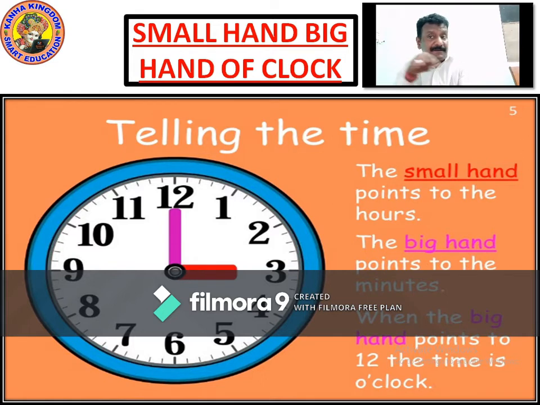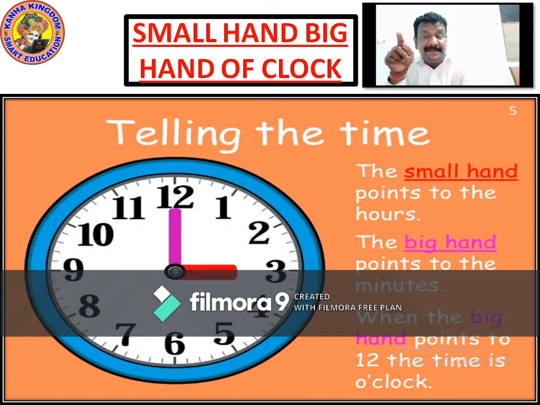The big hand will cross one time up to 12, 60 minutes, 1 hour. Now it is at 3. One more round it takes, and by that time the small hand will come to 4. The big hand rotates one time, 60 minutes, 1 hour. Now 1 more hour, and the small hand will move on to 4.